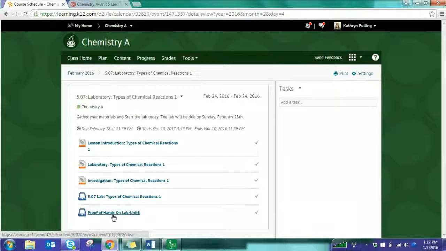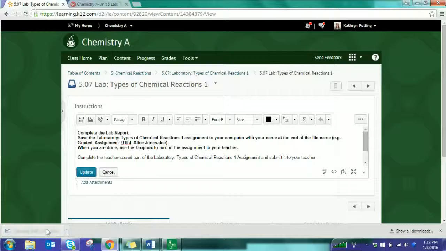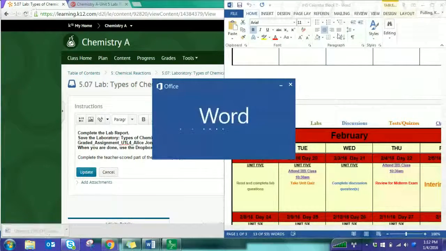Remember, this is where you're going to turn in those pictures with the recording or the incredibly detailed description of what went well and what didn't as far as your proof of hands-on work. But let's go grab the lab report. Alrighty. So go ahead and make sure you have that open and available on your computer.